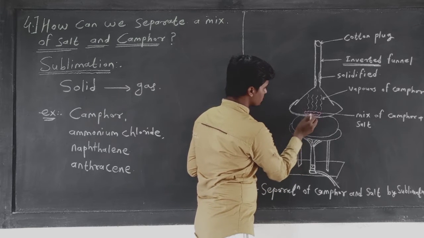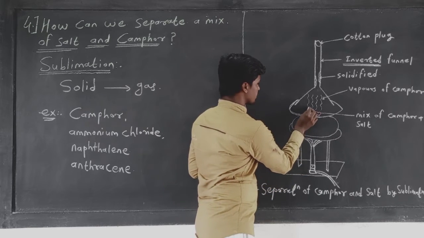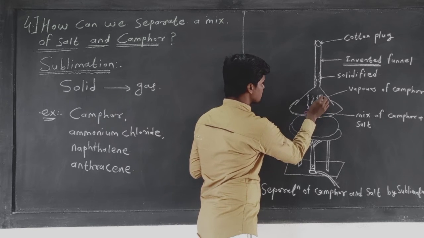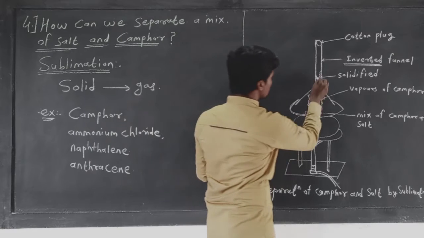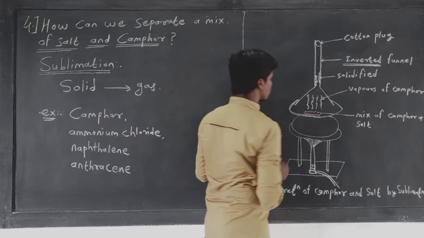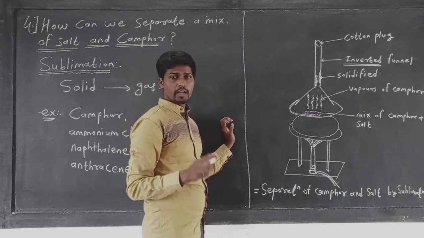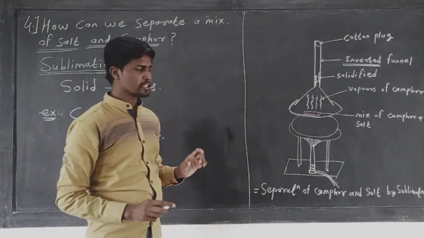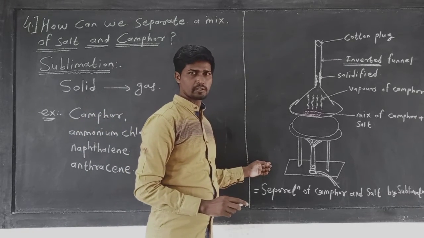This solid compound gets converted into vapor state, and this vapor gets converted into a solidified compound, and this solidified compound is the camphor, which is separated from the salt by the sublimation method.